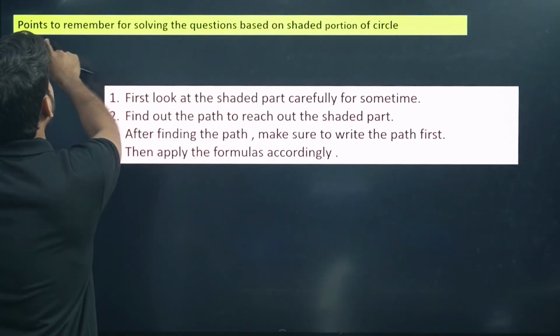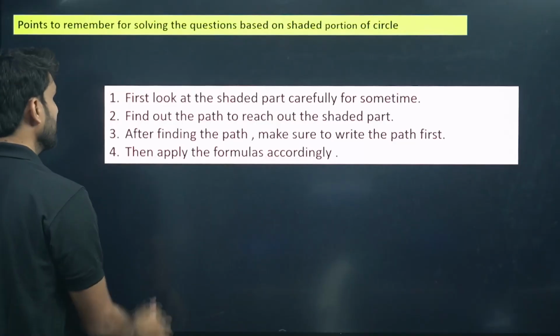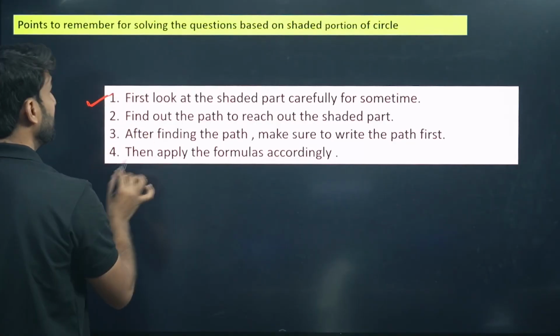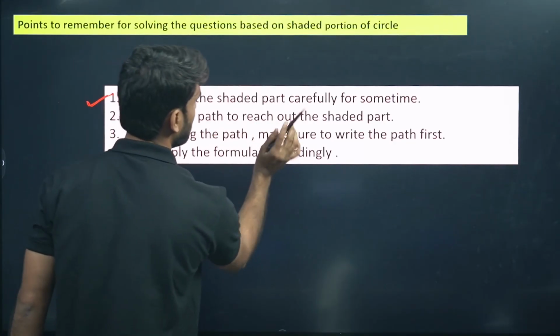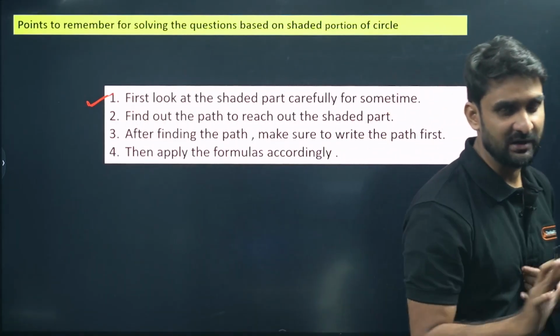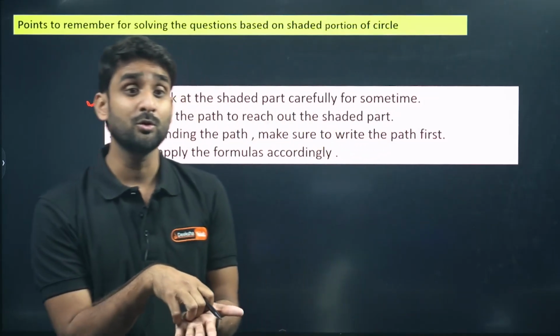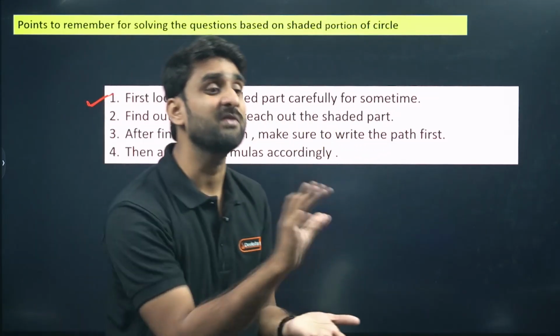So, points to remember for solving questions based on the shaded portion of a circle, right? The first and very important point: look at the shaded part carefully for some time. If the question is related to a shaded part, you have to calculate the area of the shaded part. So don't run very fast.